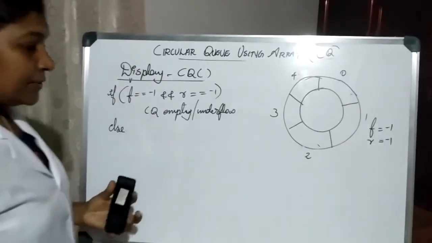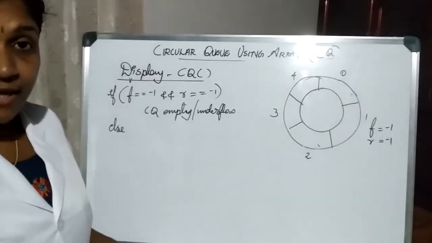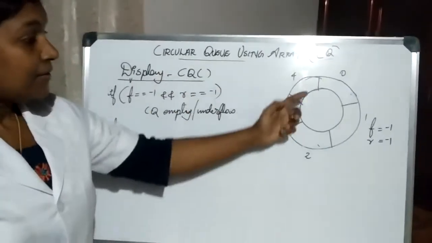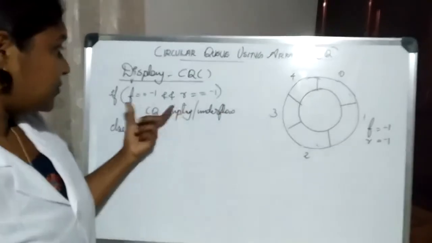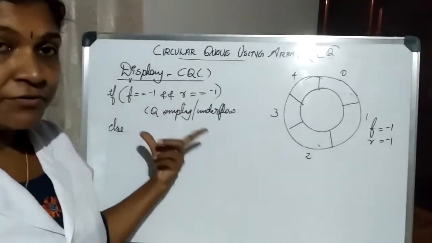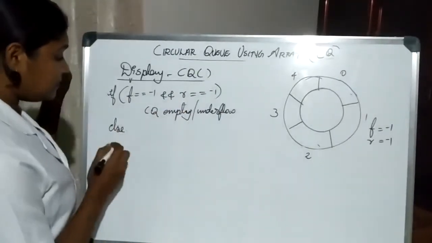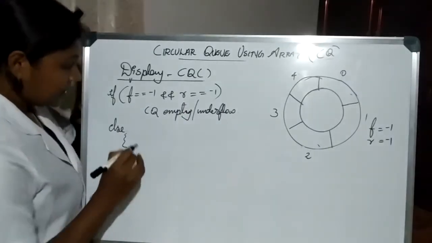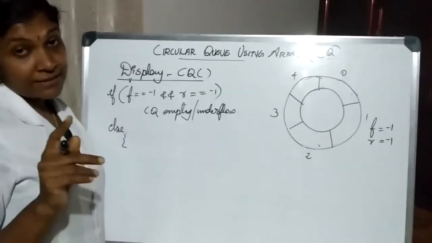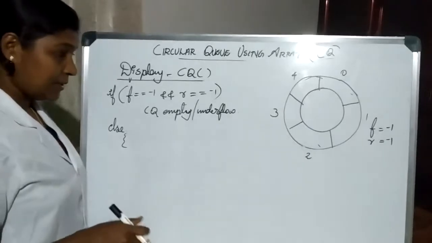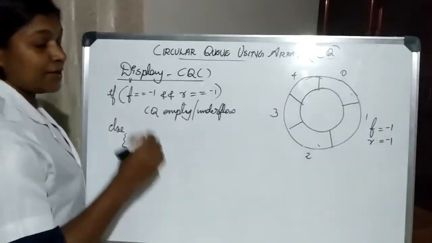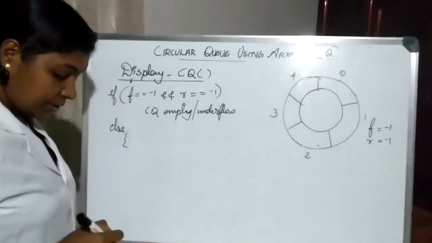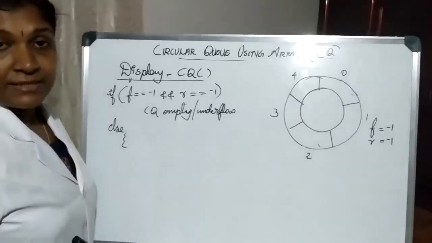While we are about to display, again, first we need to check whether the circular queue is empty or not. So we provided the condition. This is the same as that of our normal queue. Then in the else part, there exist elements, at least one element or more than one element, whatever it may be. So we are supposed to display the elements present in the queue.